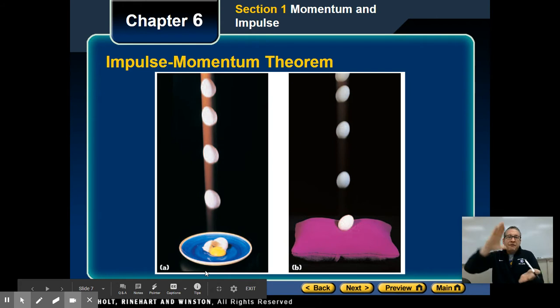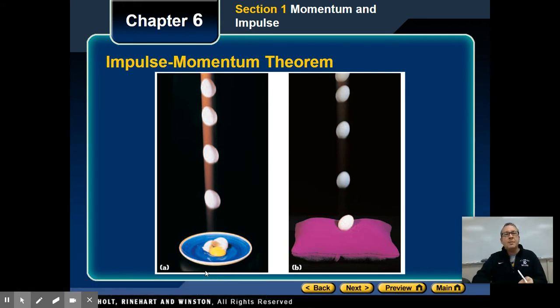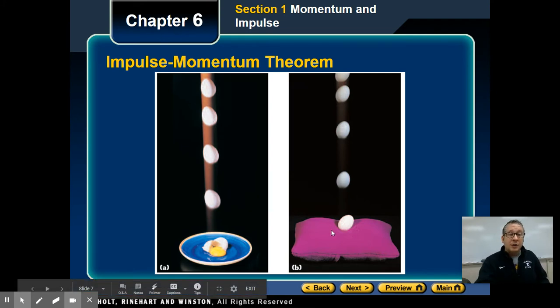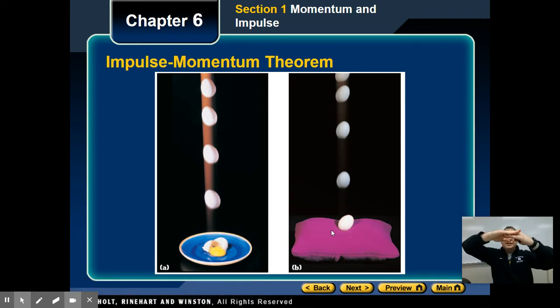There is a great amount of force at a very short amount of time of impact that it causes the egg to break. On the other hand, when we have a pillow here to cushion the egg as it falls, once that egg hits the pillow, that pillow begins to sink, and it slows that egg down and reduces the force. So it takes a longer time for it to come to a stop.